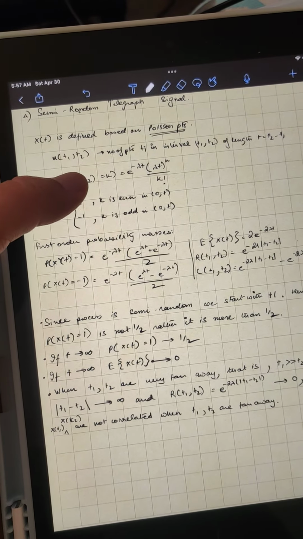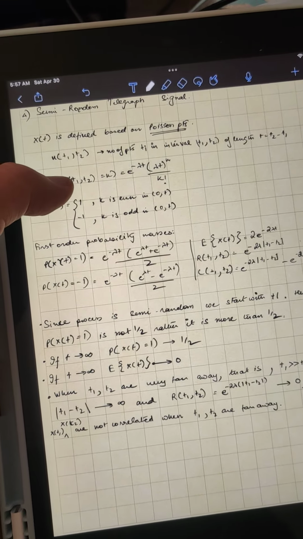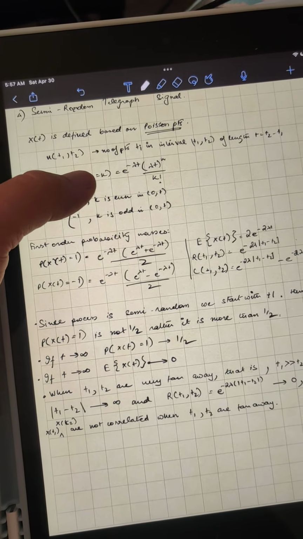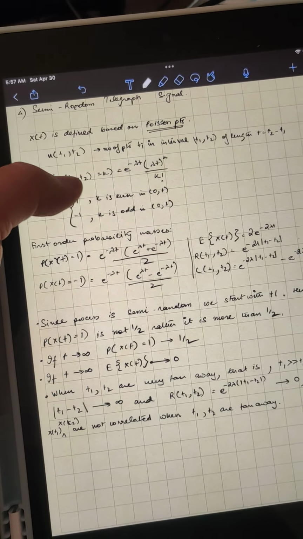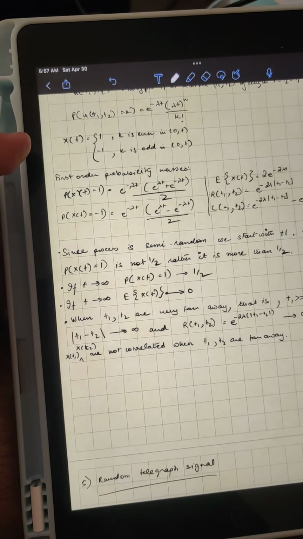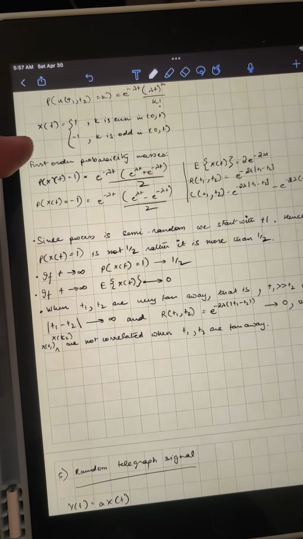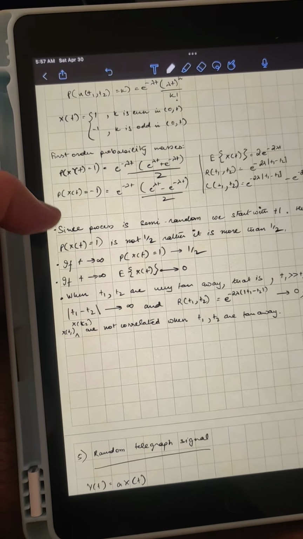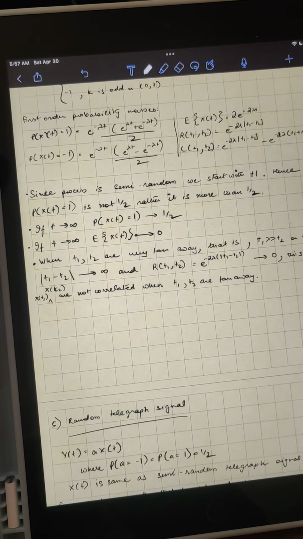And you can say it is also like a Poisson process. It is like the number of points n t1 t2 is the number of points in the interval t1 t2 and all that. So the first order probability masses I have just listed here.